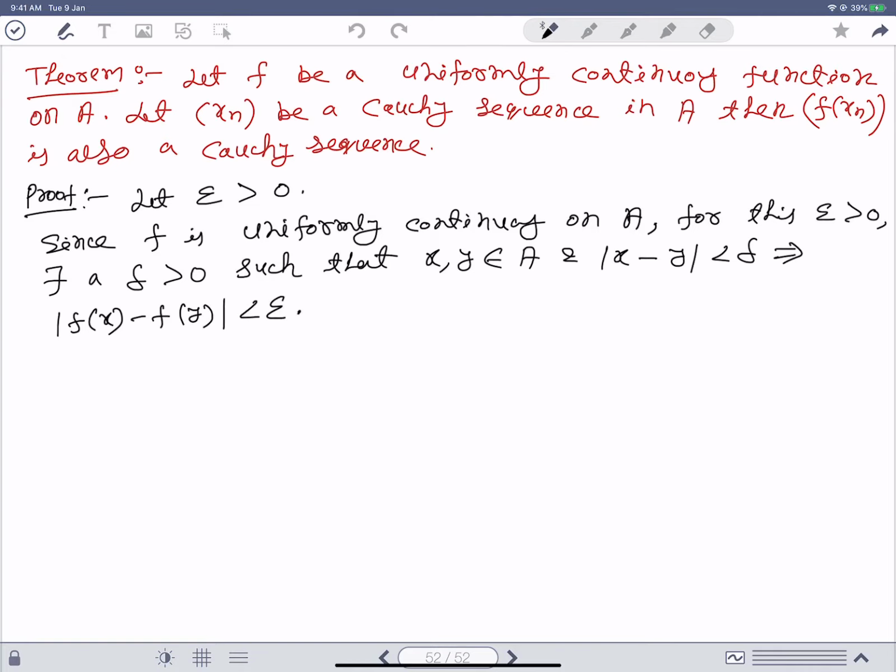Now it was also given that xn is a Cauchy sequence.